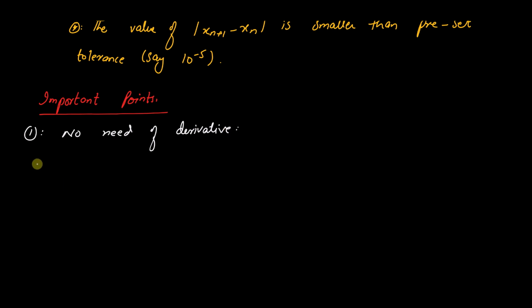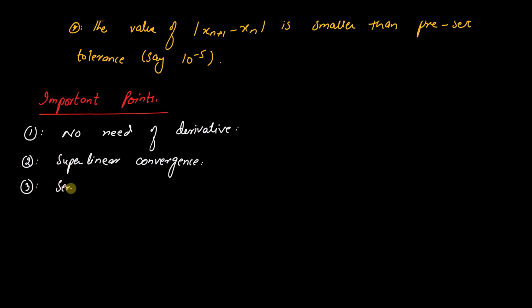That is the best part of this method. Secondly, superlinear convergence. This is faster than the bisection method, but slower than the Newton-Raphson method, but this is also a good balance.